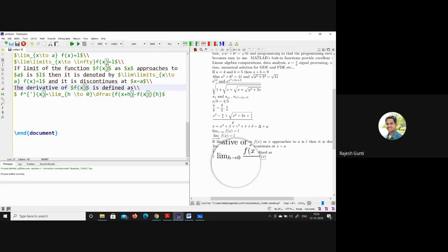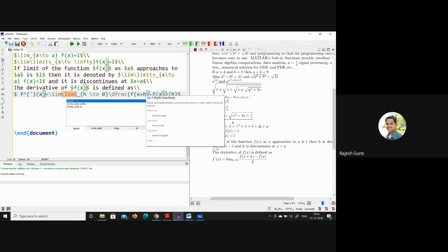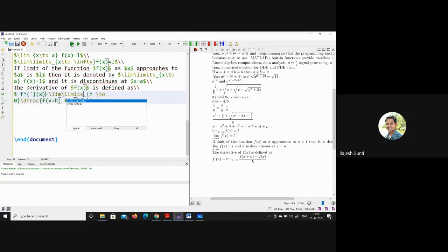They say inline. If you want to bring it down, you have to give limits, LIMITS. You run this. It came down. Okay. Suppose you want to bring it to the center of the paper, you have to give double dollar.